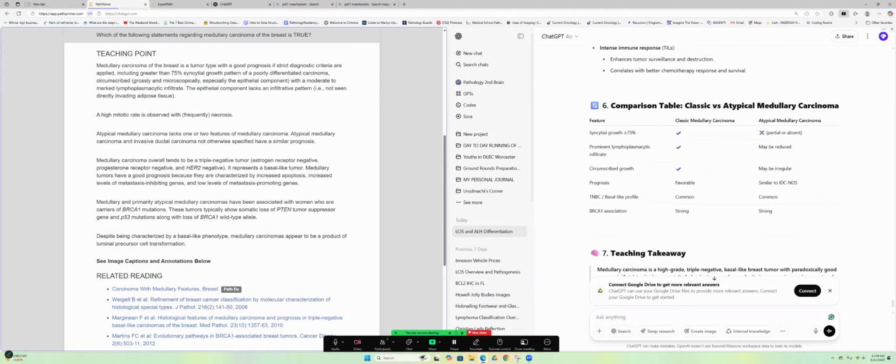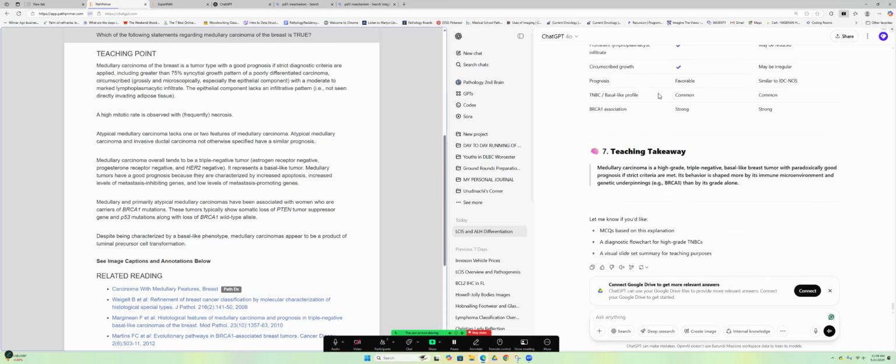So syncytial growth 75%, prominent lymphoplasmacytic infiltrate, circumscribed growth. Prognosis is favorable in classic medullary carcinoma compared to atypical medullary carcinoma. Their basal-like and BRCA1 associations are very strong.